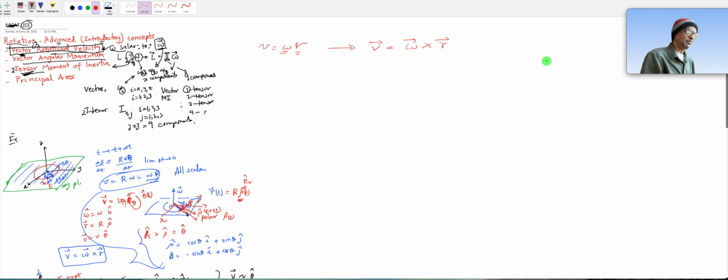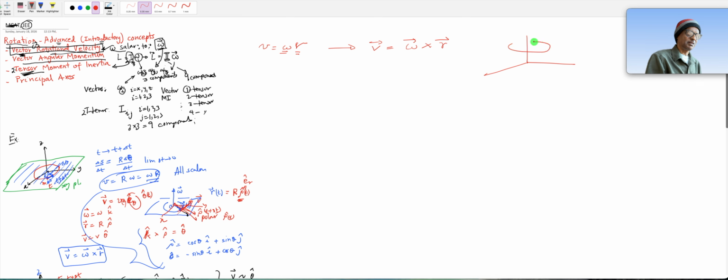So this works whether something is rotating or not, you can use it. Say something is going in a circle, just for illustration, but it doesn't have to be a circle.